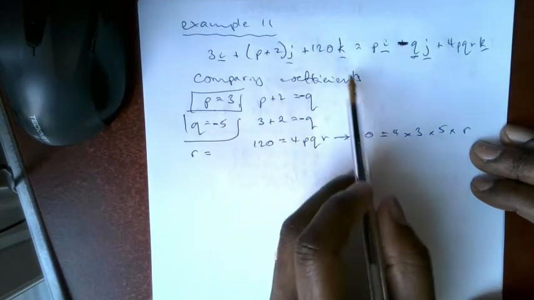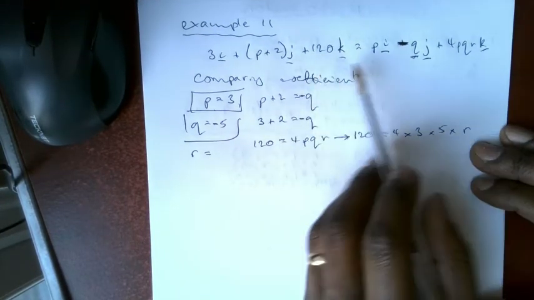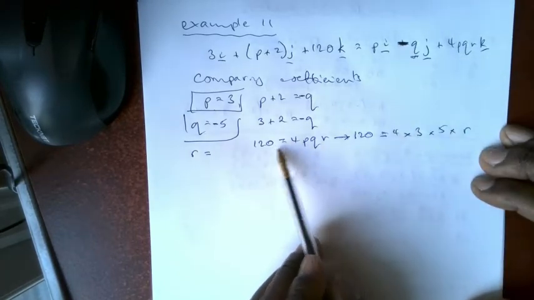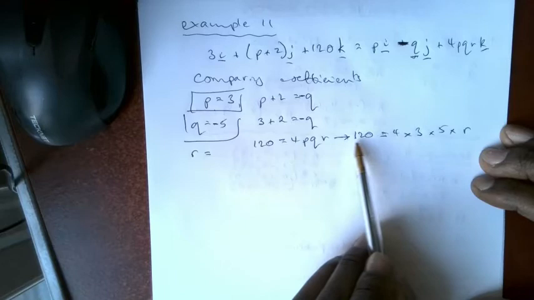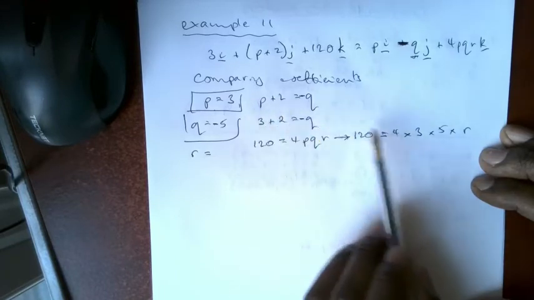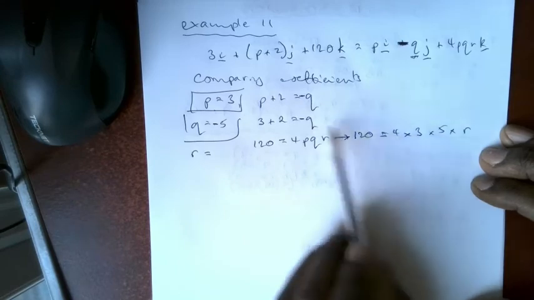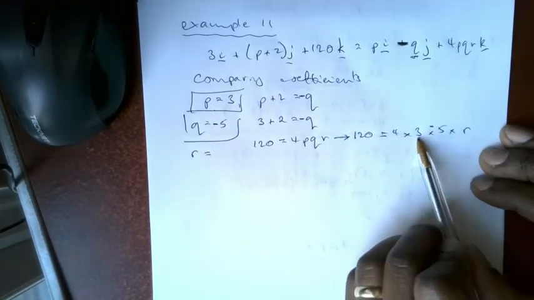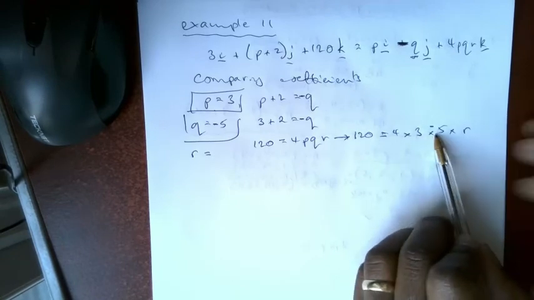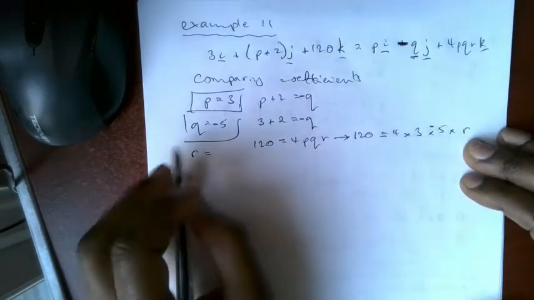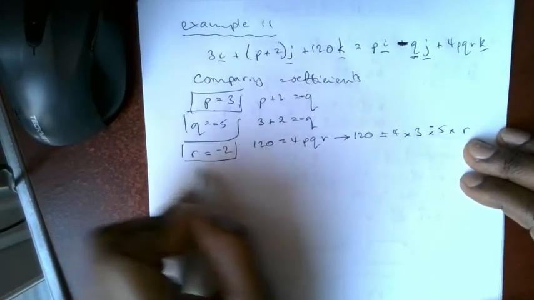And then for the last one, I've got 120 on that side, on the other side I've got 4PQR, so 120 equals 4PQR. P is 3, Q is negative 5. So 4 times 3 is 12. 12 times negative 5 is negative 60. So negative 60, that means that R must be negative 2. So there's a nice straightforward one.